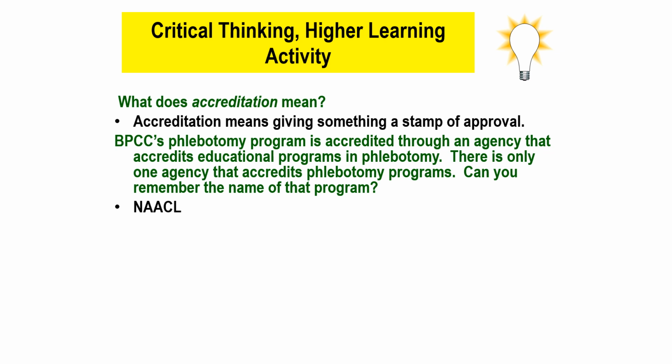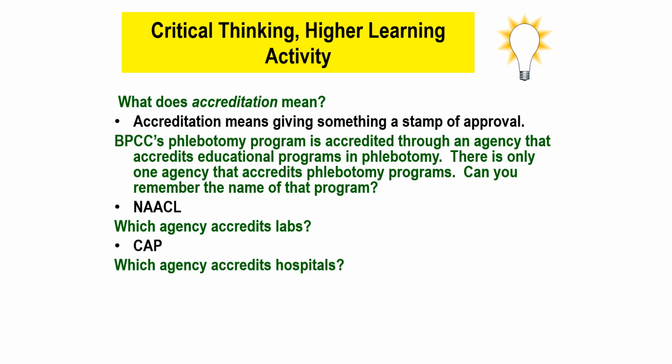NACLS, right? NACLS is the accrediting body that accredits educational institutions. What agency accredits labs? Do y'all remember? CAP, right? Puts a cap on it. What agency accredits hospitals? Joint Commission, right? What agency certifies phlebotomists? Remember your wording.